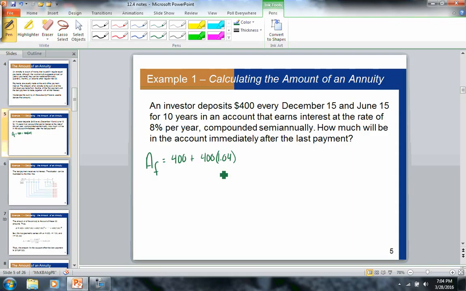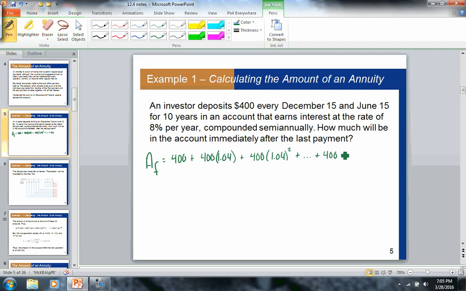So this would be his next amount. And then we would add up another $400 times 1.04, but this gets calculated for a second time now, and so on and so on and so on. And this is going to keep happening until he gets to his very last deposit.